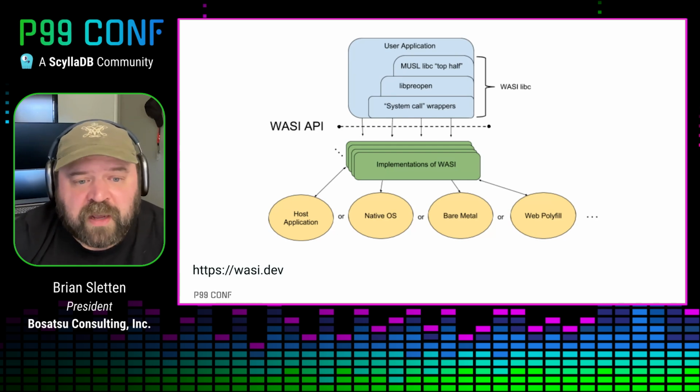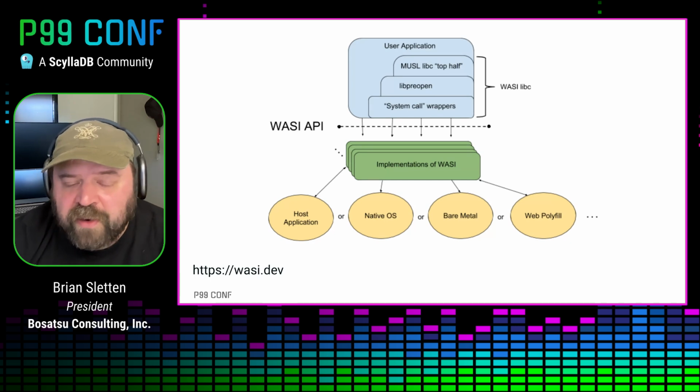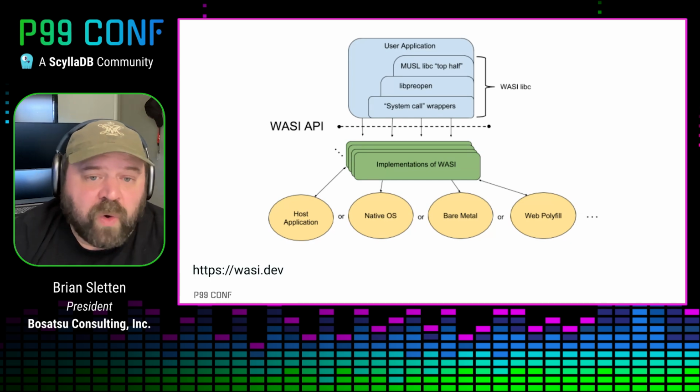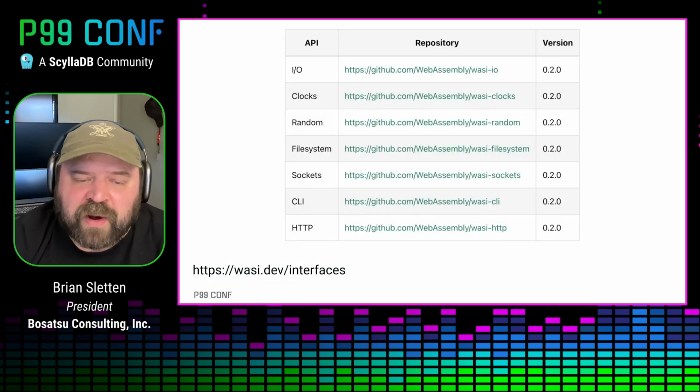And you can target hosted applications in sandboxed environments. You can have the same application recompiled to run as a native application on a normal operating system. You could run in an unhosted bare metal data center, or even in the browser with various kinds of polyfills. But the application itself will be written against APIs that it's aware of.